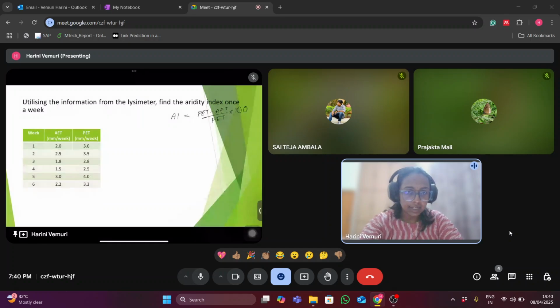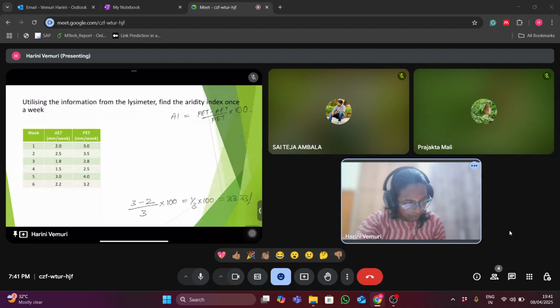So I'll show it for the first row. PET is 3, AET is 2, so (3 minus 2) by 3 into 100, that is 1 by 3 into 100, which is equal to 33.33 percent. Based on this, for every week we will calculate the aridity index.